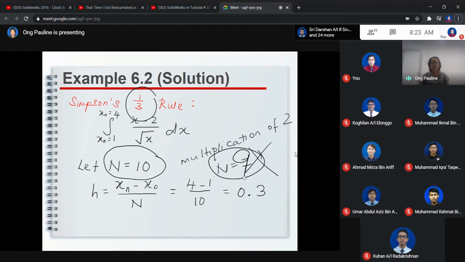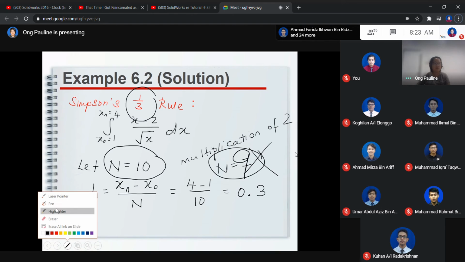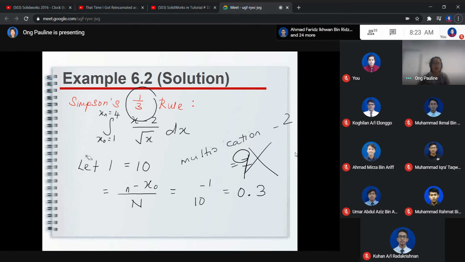Now let us recall the equation for Simpson's 1 over 3 rule.